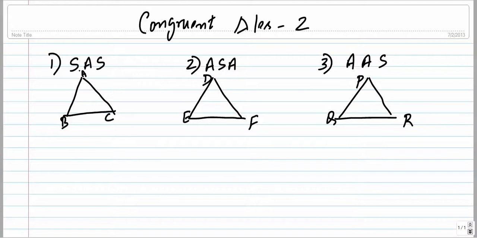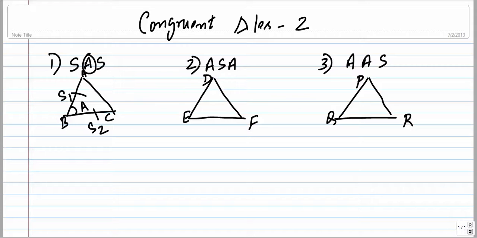Now when you say SAS, that means you take side 1 S1, you take side 2 S2, and the angle must be sandwiched. You can see that the A is in between two S. That means if you have two triangles where the angle is sandwiched between these two sides, the rule is SAS.